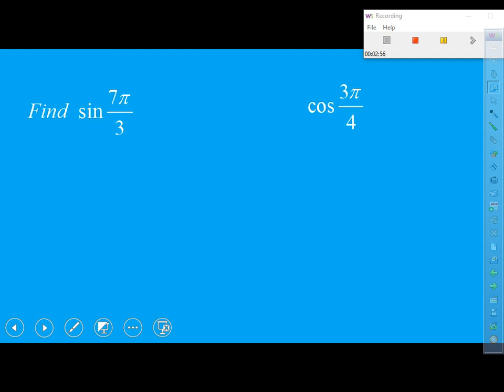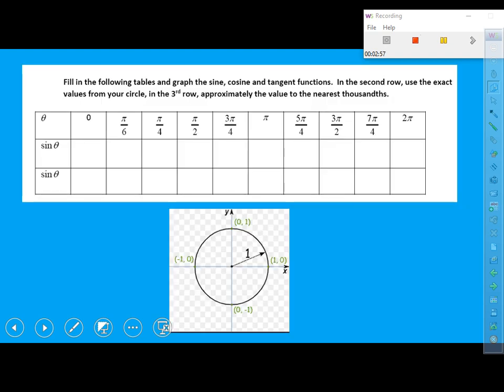So if you would, come over to your first example right there. Now, I am not going to focus on these values today. Let's not worry about pi over 6, pi over 4, 3 pi fourths, 5 pi fourths, 7 pi fourths. Don't worry about those values.